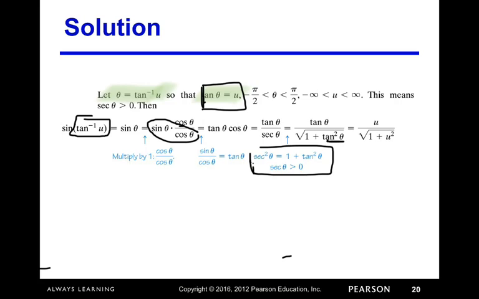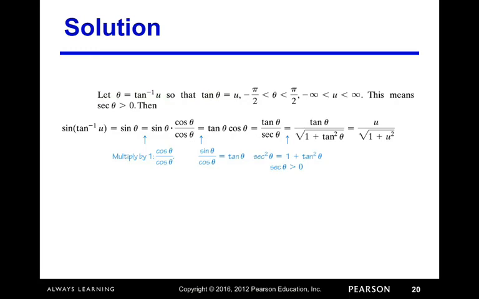So that's where we get this u squared. For every tangent theta, we replace that with u. So now we have u over the square root of 1 plus u squared as our algebraic expression.